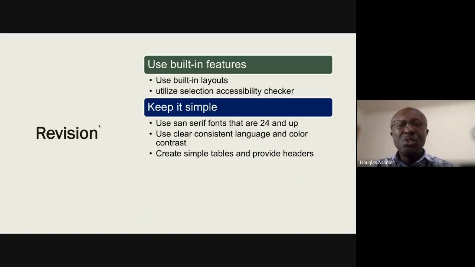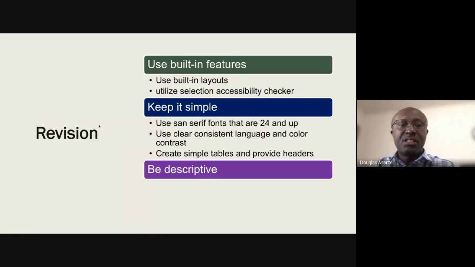Try to use a 24 or above font size for your PowerPoint, and it's advised that you use sans serif fonts. Also be consistent with your use of color and language. Use colors and vary them to make it exciting, but don't throw too many colors on a slide. Sometimes it gets confusing. Make sure they're actually helping convey meaning to the learner.